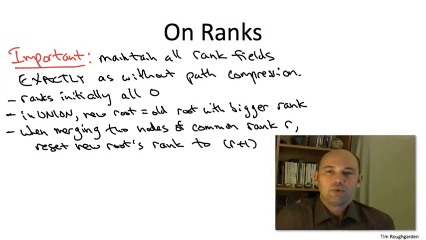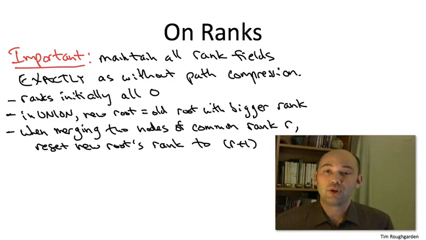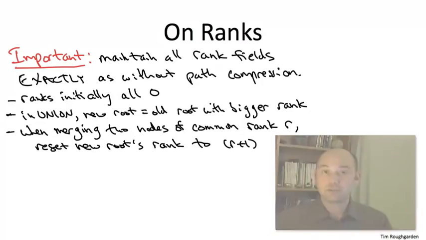Now, it might bother you that we don't recompute the ranks when we apply path compression. In a way, I sort of hope it does bother you, because by not recomputing ranks, by just manipulating them exactly as before, we're actually losing the semantics of what ranks meant in the previous video. So the key invariant we had, that ranks exactly represented worst case search time to that object, is now lost.